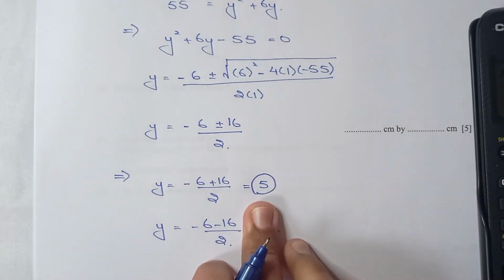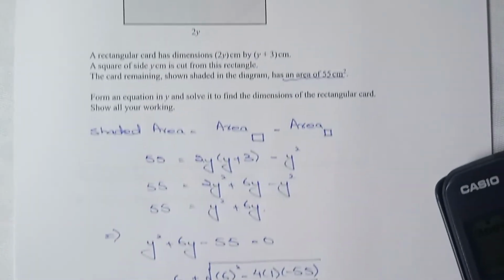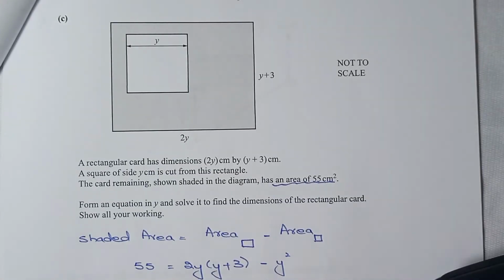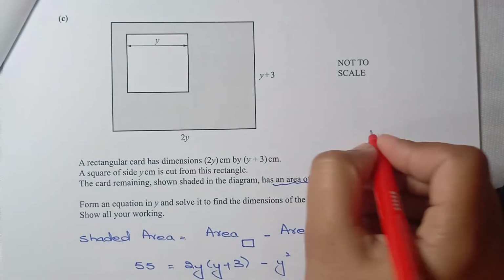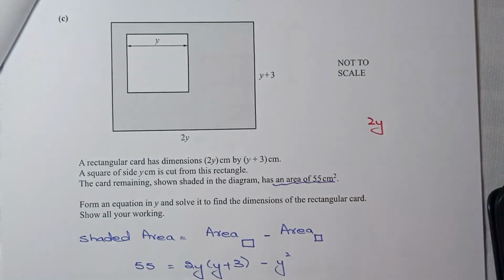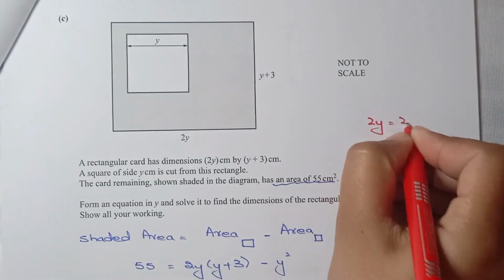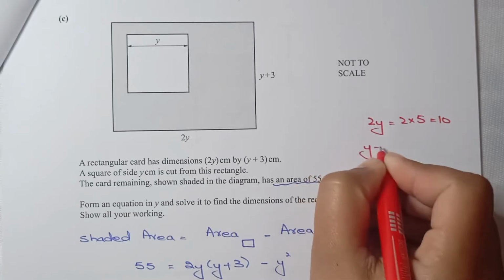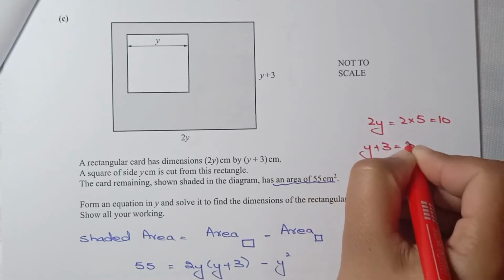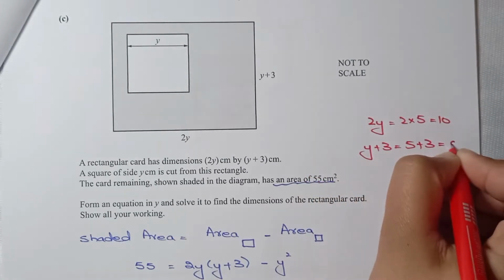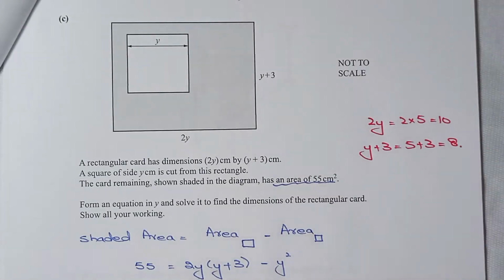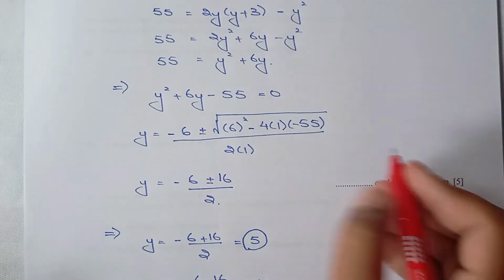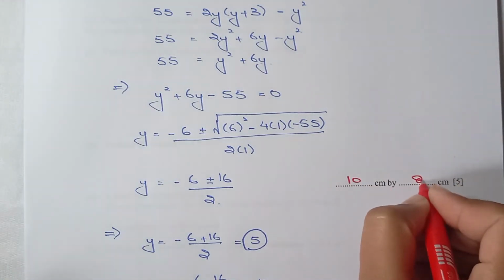When y is equal to 5, what are the two dimensions for the rectangle? So let me substitute over here. We have 2 times y, this would be 2 times 5, which is 10. And we have y plus 3, this is 5 plus 3, which equals 8. So we can say that the dimensions are 10 by 8, 10 centimeter by 8 centimeter.